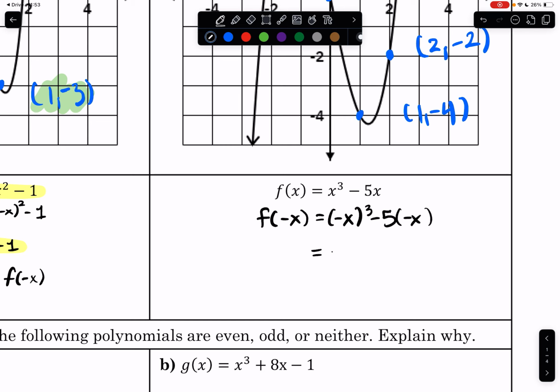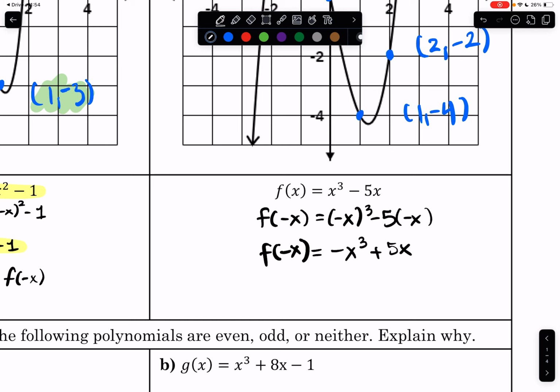So this is going to be negative x to the third power. And this right here doesn't raise anything to a power. It's just going to distribute and multiply these two quantities, and a negative times a negative is positive. So plus 5x. So f of negative x is equal to this.